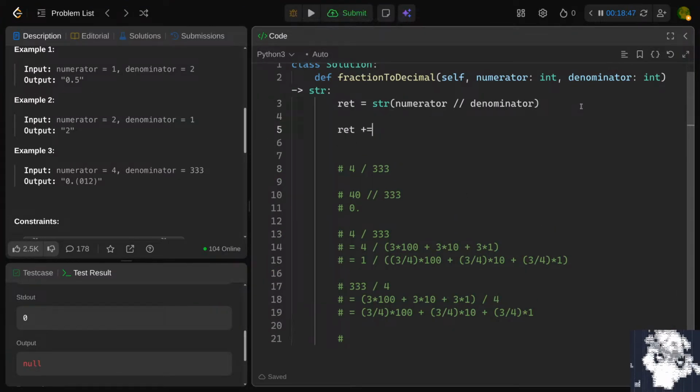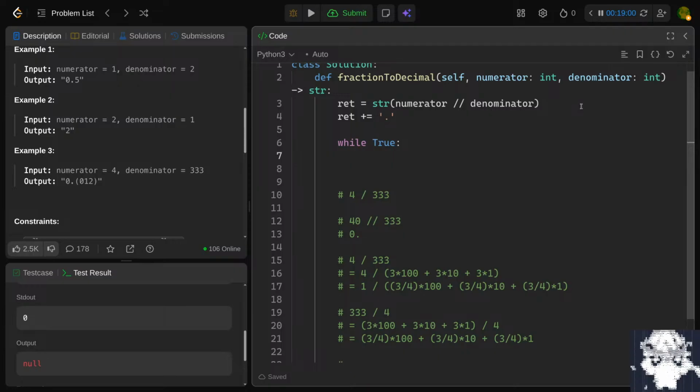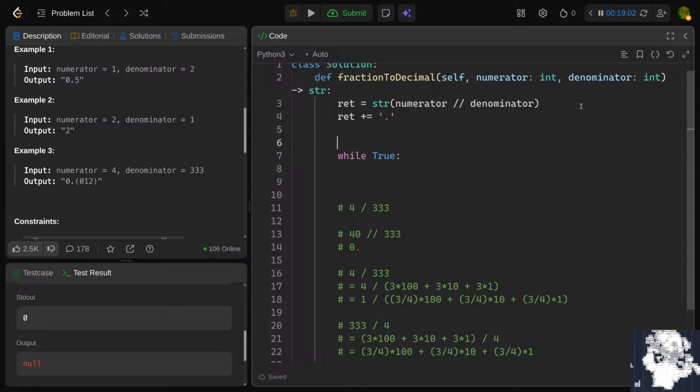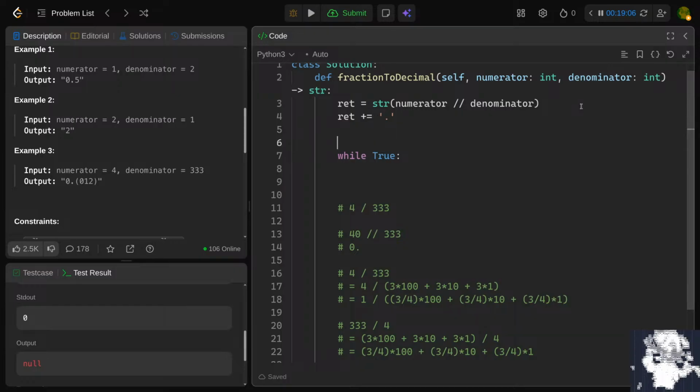Okay, so let's add a period to ret, and then let's do what we just did. So while true, this will be the decimal part.